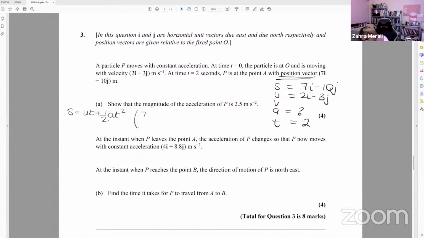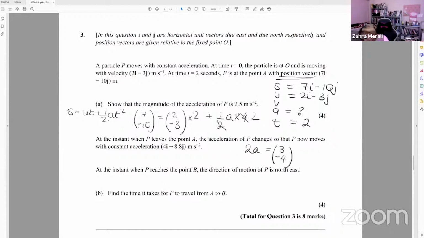So you're going to have 7i minus 10j equals 2i minus 3j times 2, plus a half a times 2 squared, which is 4. So times 4, that's going to cancel, give you 2. Put everything on one side, and you end up with 2a equals 3i minus 4j.